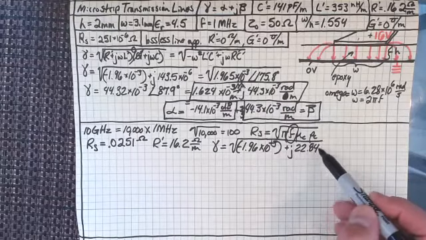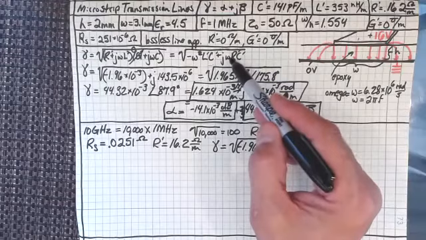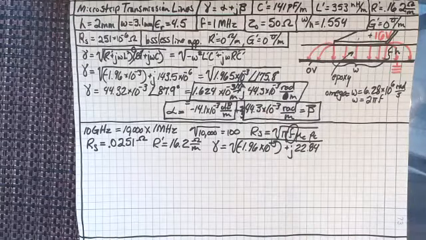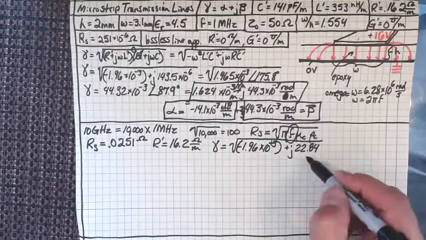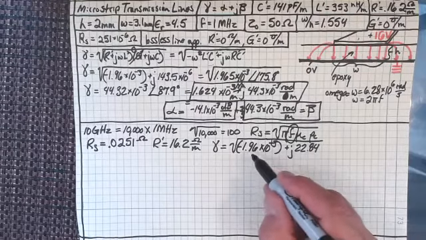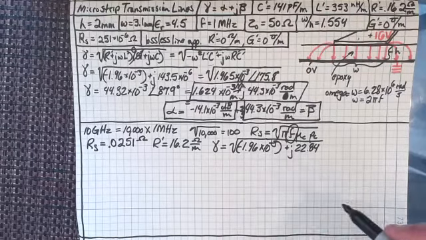And then over here, this is going to change from 1 megahertz up to 10 gigahertz, and R prime is going to increase 100-fold as well. So this becomes 22.84, still small compared to the positive 3.